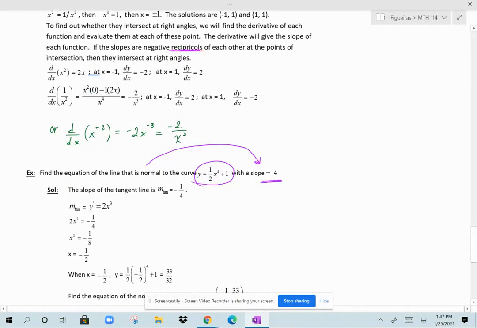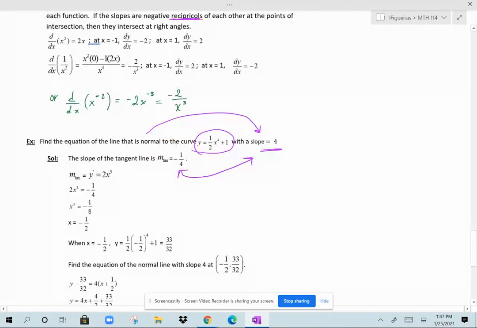The relationship between y prime and my curve is that it's the slope of the tangent line. The negative reciprocal of 4 is -1/4, so that's what I should set my derivative equal to in order to solve for a point. The derivative of y is 2x cubed.